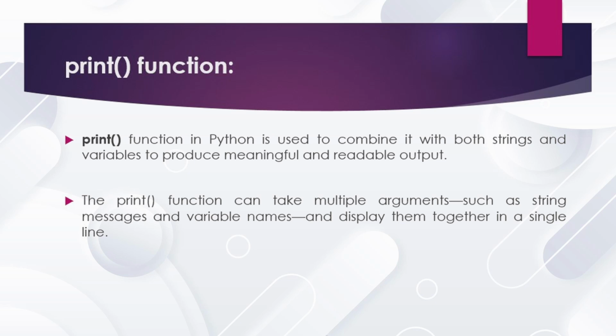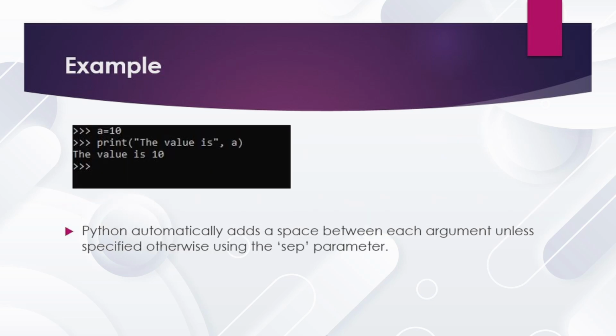In such cases, the print function can take multiple arguments, such as string messages and variable names, and display them together in a single line. Python automatically adds a space between each argument unless specified otherwise using the sep attribute. In this example, the string the value is printed first, followed by the value stored in the variable a, which is 10.